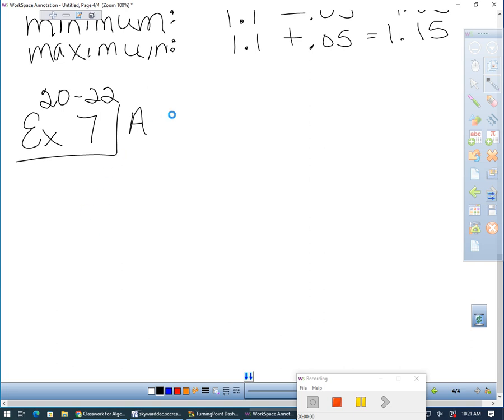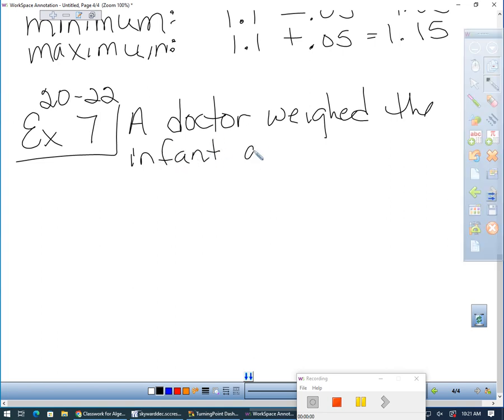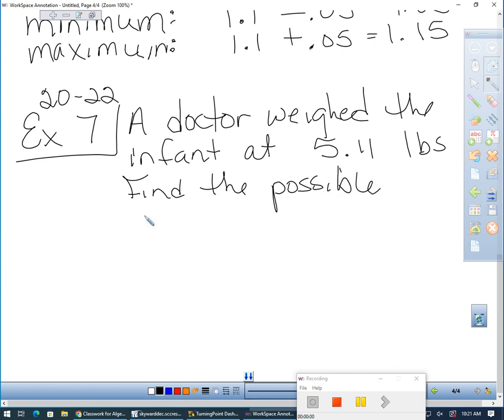A doctor weighed the infant at 5.11 pounds. There you go. Okay? That is a small baby. Find the possible measurements.